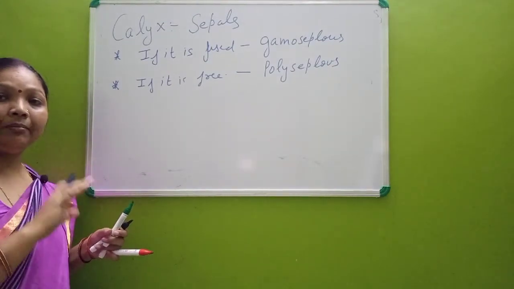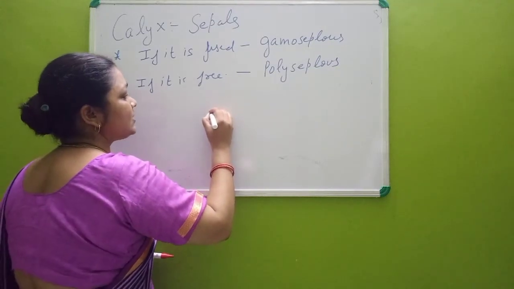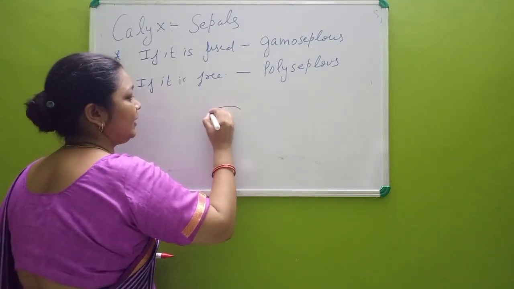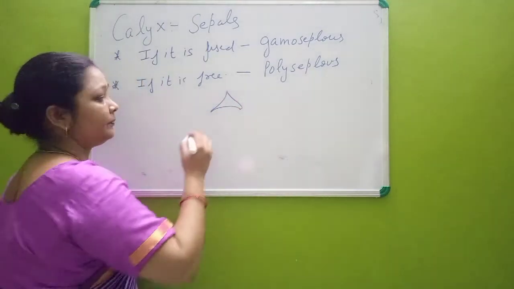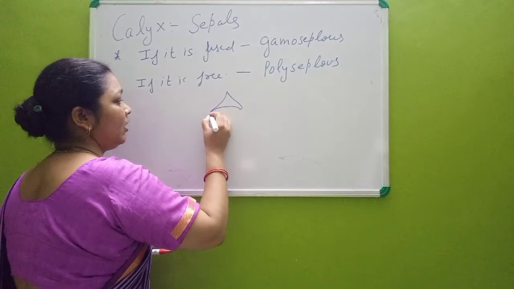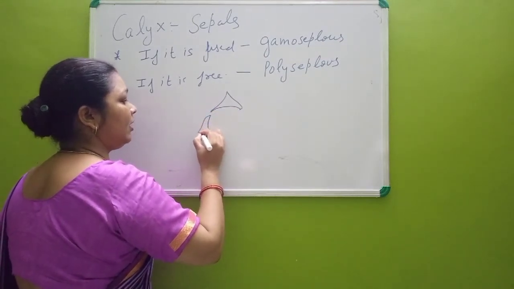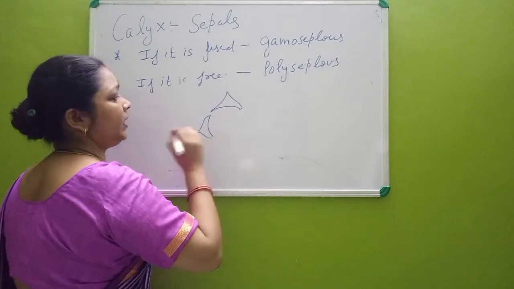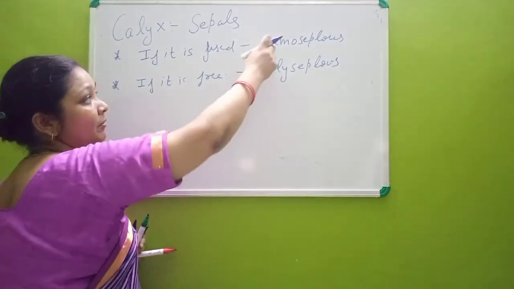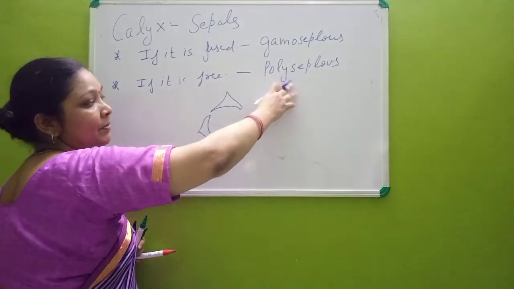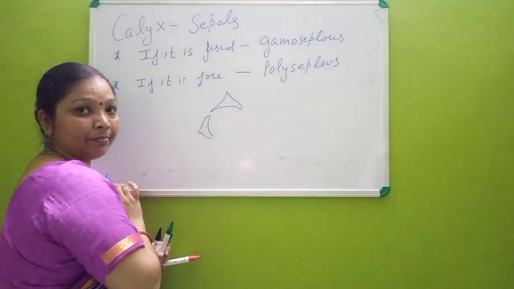Now when we make a floral formula, then we will draw sepals like this. This is one sepal. When we make the sepals free, that is we are saying that the sepals are free from each other, a polysepalous condition, then we will not touch the margins of these two sepals.